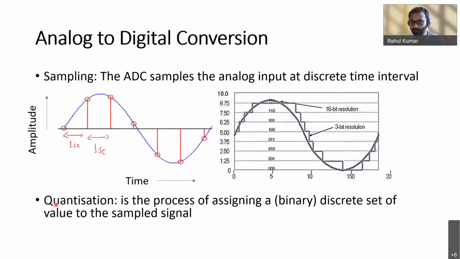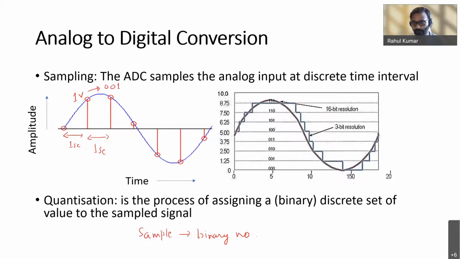The second step is quantization. Quantization is the process of assigning binary bits, or representing these samples with a binary number. Okay, so let's say you have 1 volt. This is represented as 001.